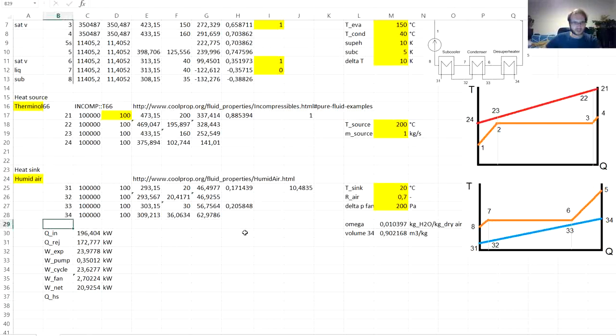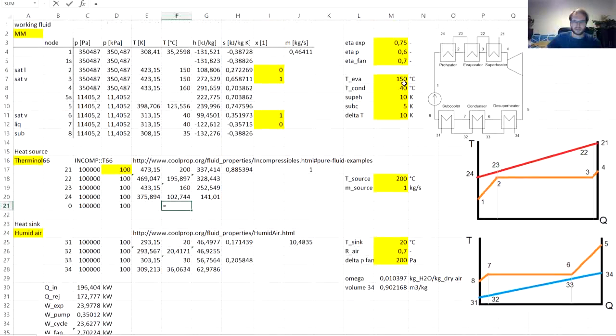So let's add here for the heat source one more node, node 0, with the same pressure as above, and at the ambient temperature, which was over here, 20 degrees C. And we can get the enthalpy for this point.